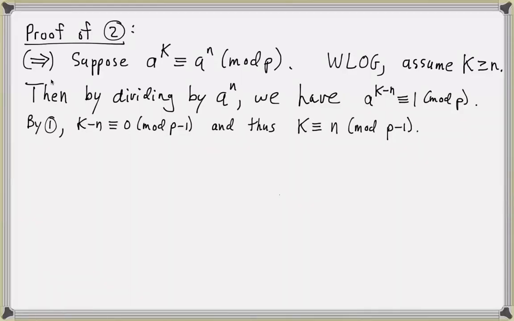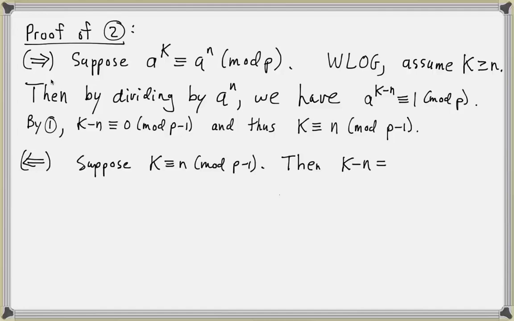For the reverse implication, suppose k is congruent to n mod p minus 1. Then k minus n is congruent to 0 mod p minus 1.